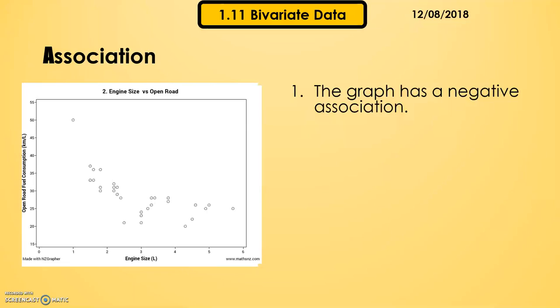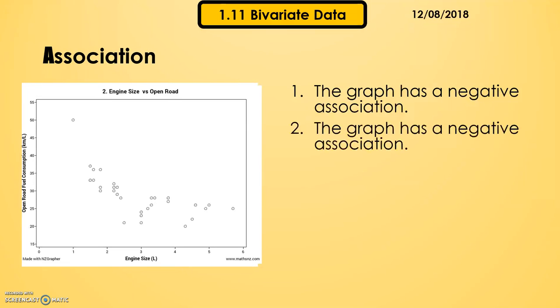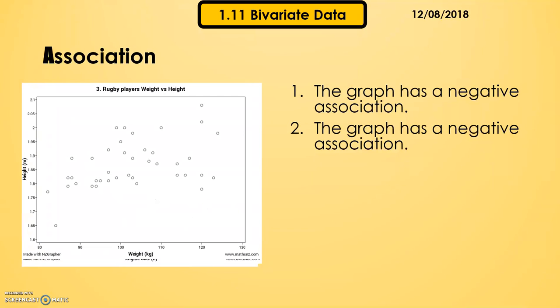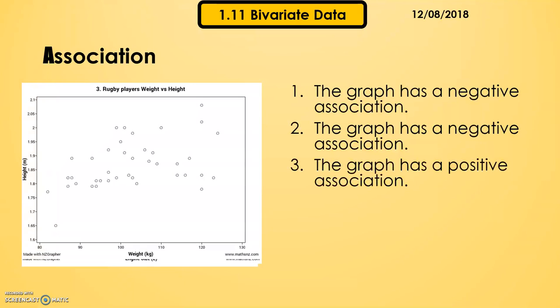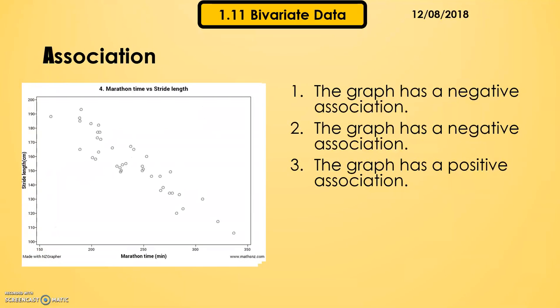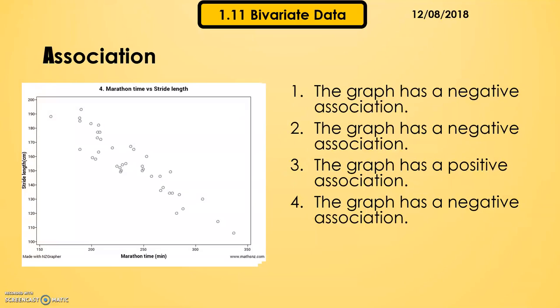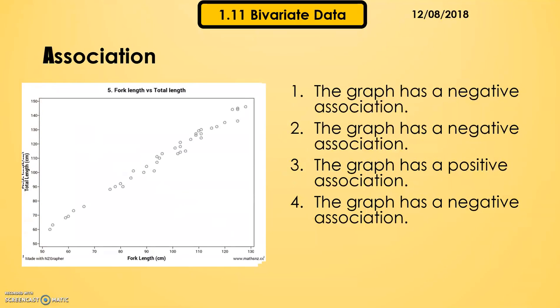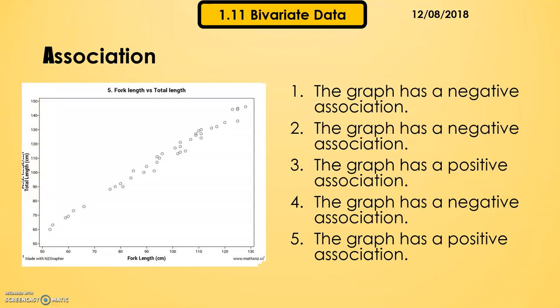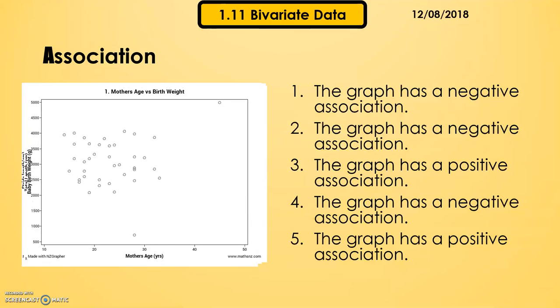Okay, here we are for data set 2, negative association, pointing down from left to right. If we look at the rugby players, it's positive association, pointing upwards from left to right. Marathon times, negative, pointing downwards from left to right. And fork length and total length, positive association, pointing upwards from left to right.